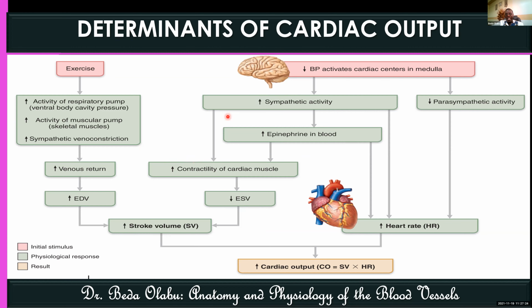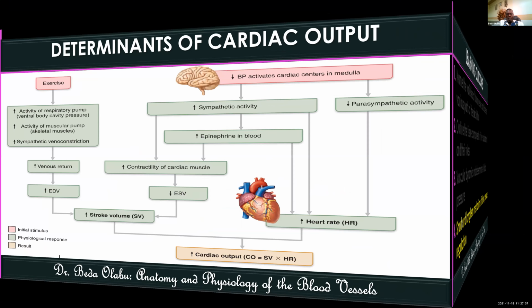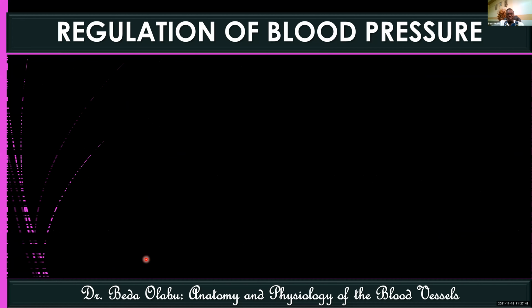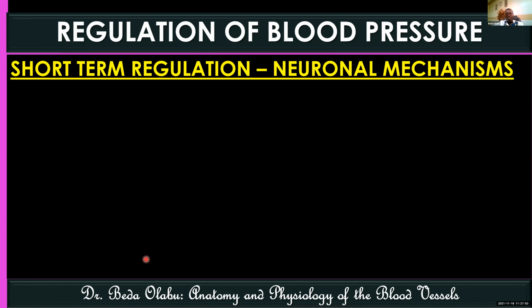So you can see the things that affect cardiac output. And remember, even blood volume will affect cardiac output as well because it increases the end diastolic volume. Now let's look at the short-term and long-term mechanisms of blood pressure regulation. We'll start with the short-term mechanisms.